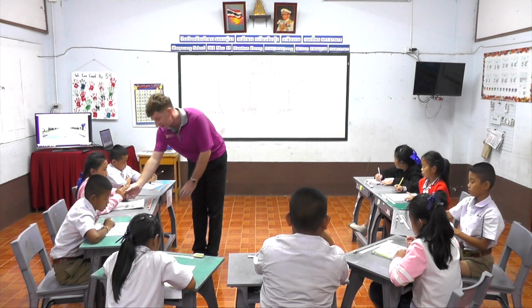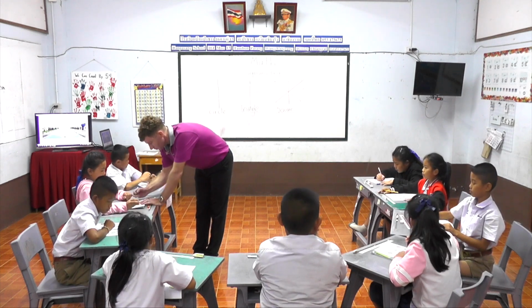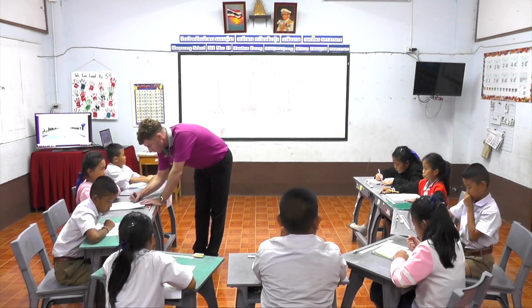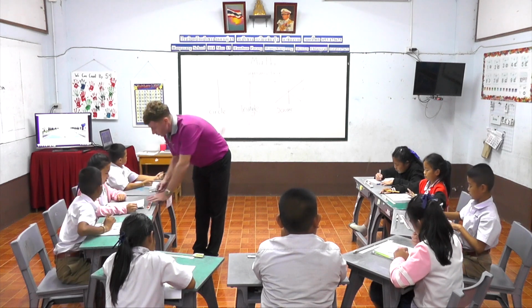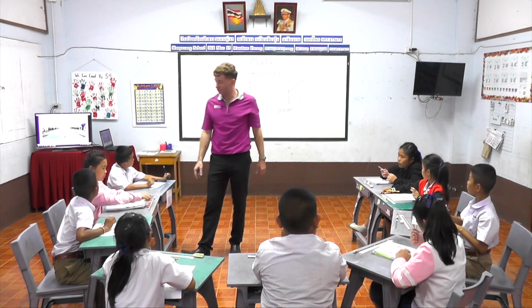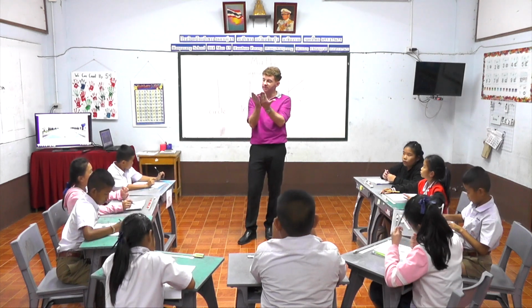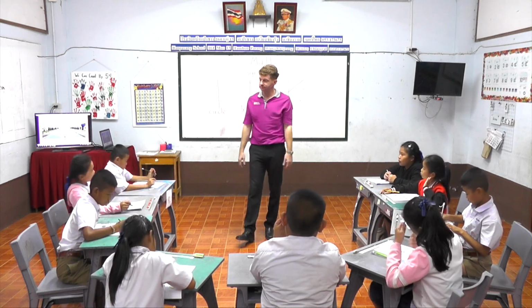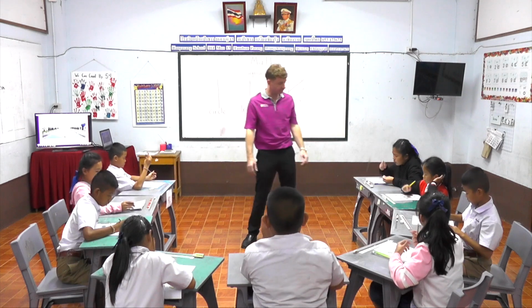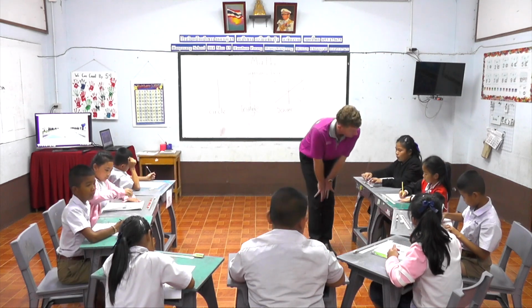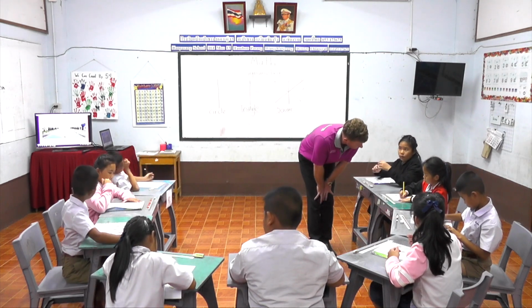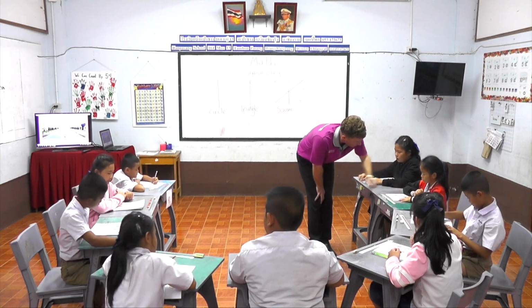For example, Nadia. There's one line of symmetry. Can you find any others? Any other lines that make the shapes look exactly the same? Okay, let's see. Can you draw it?